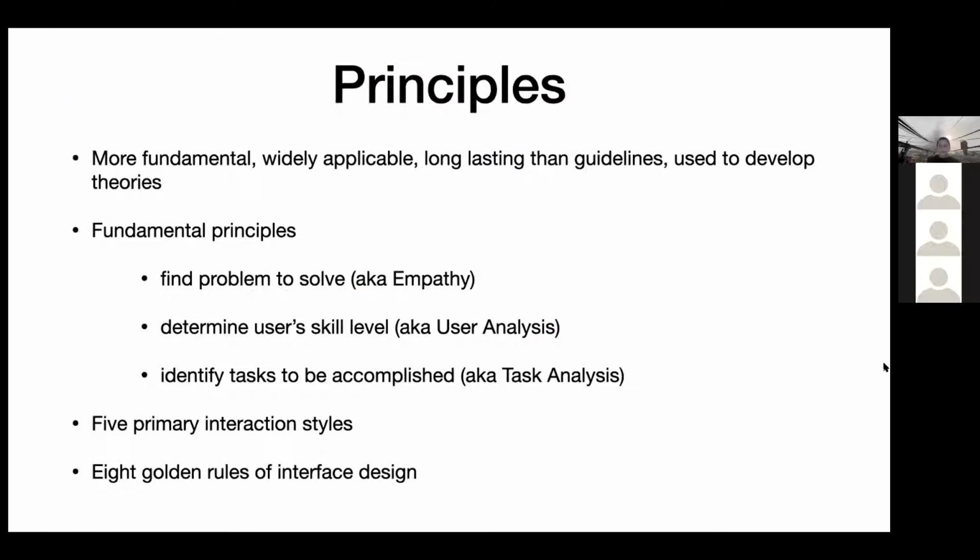All right, so let's start with principles. As I said, these are more fundamental, they're more broadly applicable, and they last longer than guidelines. And guidelines change mostly because devices are changing. So you'll have different guidelines for, let's say, a watch versus a phone versus a tablet and your laptop screen. And those might change as device sizes change, resolutions change, maybe the interaction methods change.